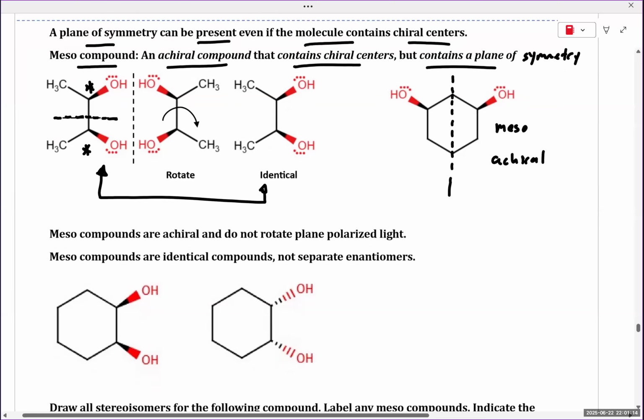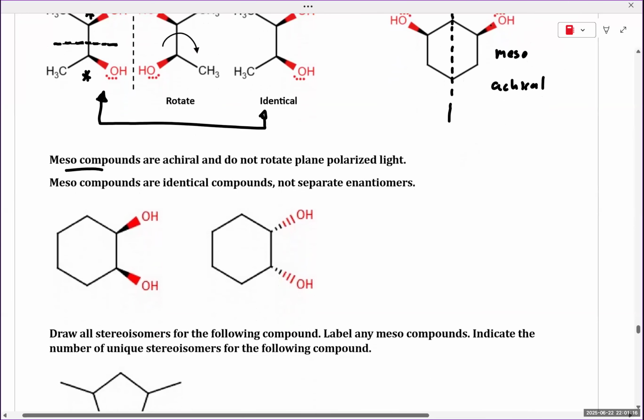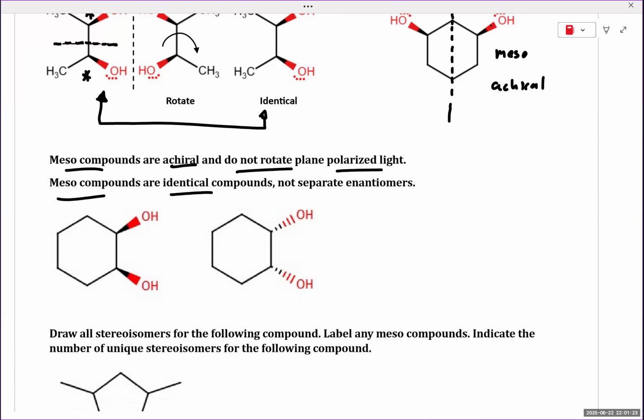This is really important because meso compounds, as they are achiral, do not rotate plane polarized light. Further, meso compounds are identical compounds, not separate enantiomers. So these two compounds, despite looking somewhat different, are identical.